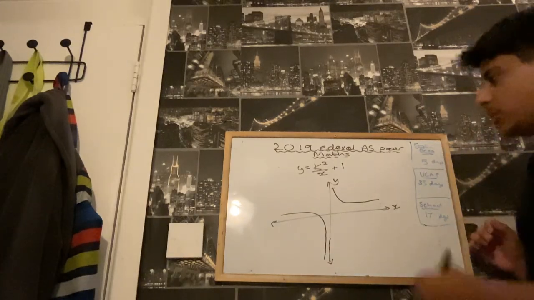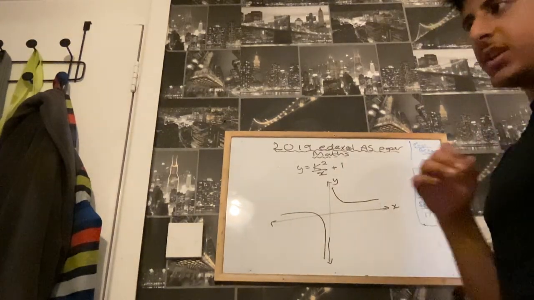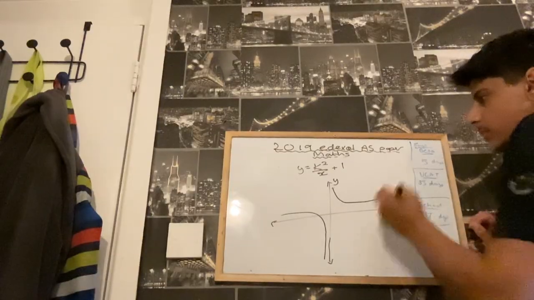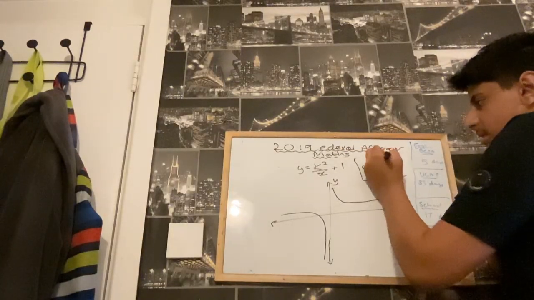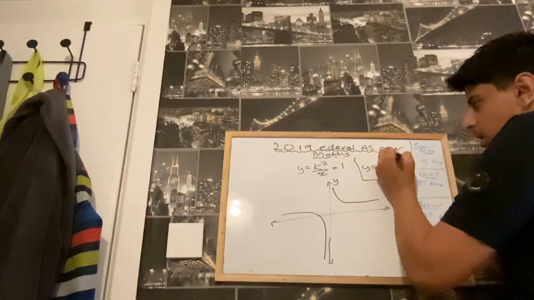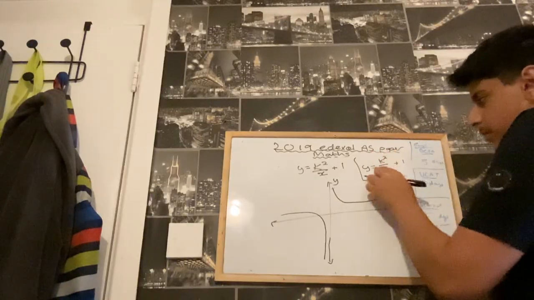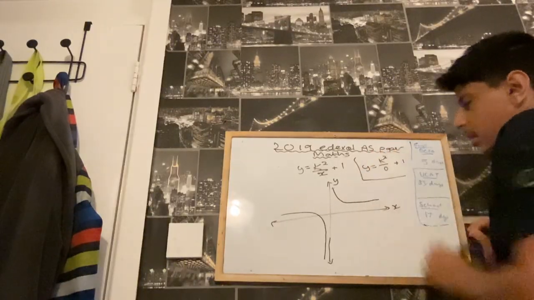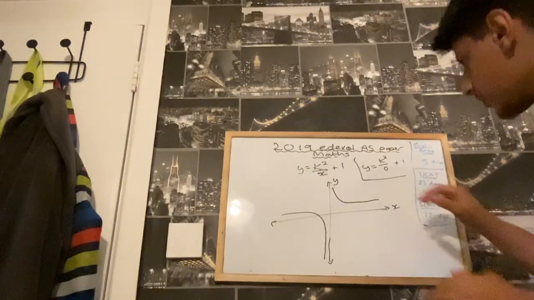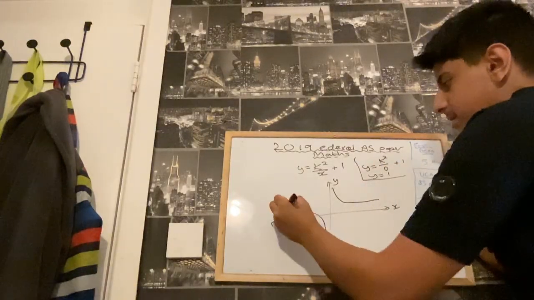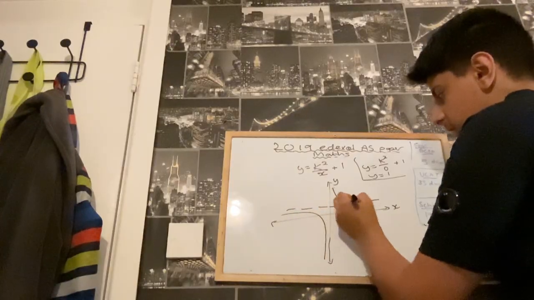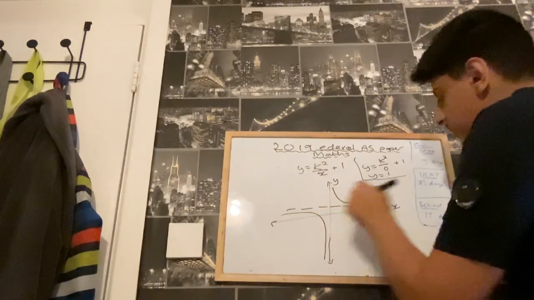Okay, and now we have to know the equation of the horizontal asymptote. That's quite easy. What you would do is you make the x equal to 0. So y equals k squared over x plus 1. If you make x 0, then k squared divided by x would be 0. So y equals 1, and this would be the asymptote.